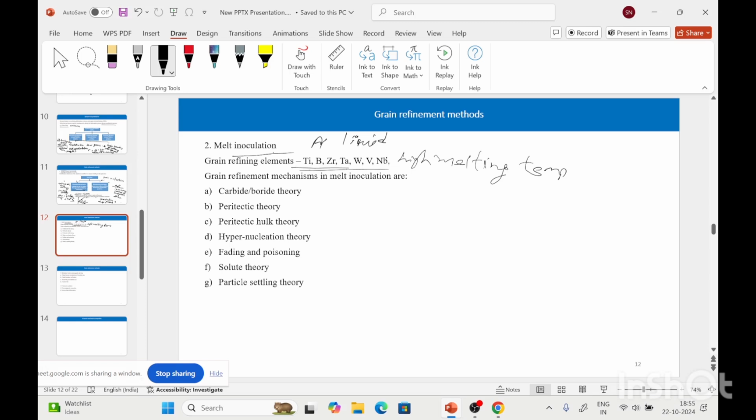These elements either act as secondary particles or form intermetallics in the melt. That intermetallic also provides the surface and leads to heterogeneous nucleation.